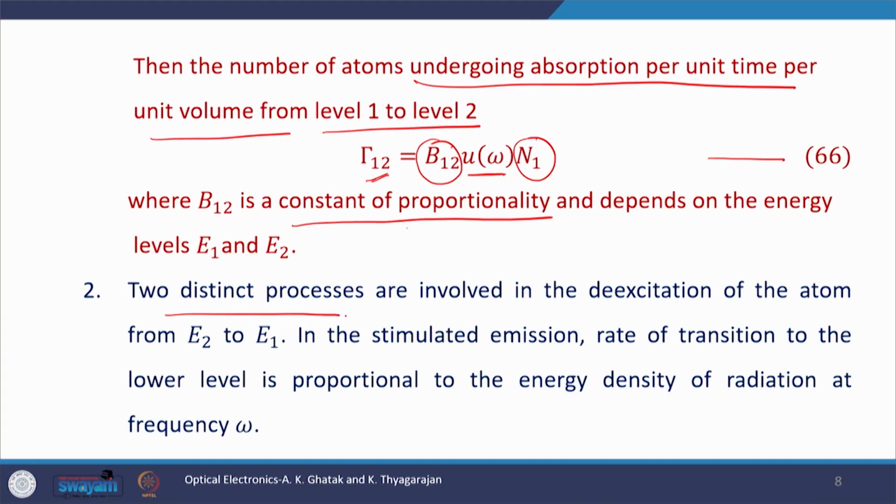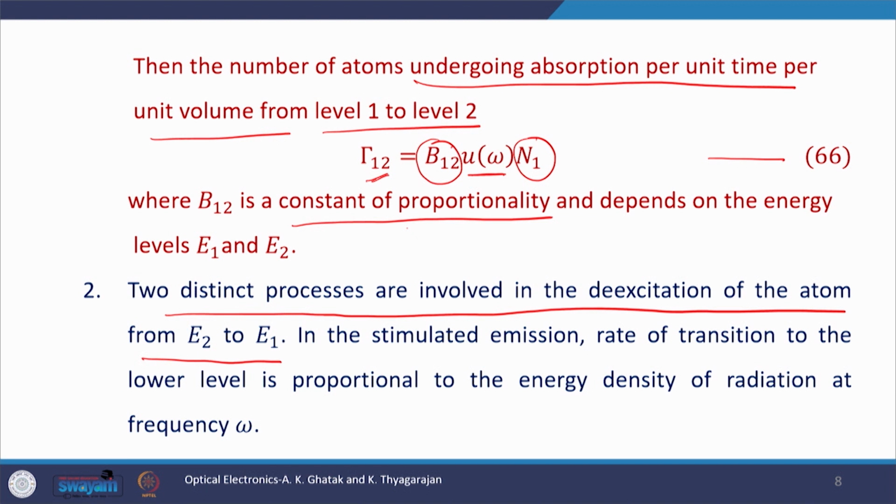Now, what will happen to the atoms or electrons which are in the upper level, in level 2? Now, they will make a downward transition, which is called de-excitation. Now, as we studied before, there are two processes of de-excitation, one is called stimulated emission and the second is called spontaneous emission. Okay. Now, two distinct processes are involved in the de-excitation of the atom from energy level E2 to energy level E1.